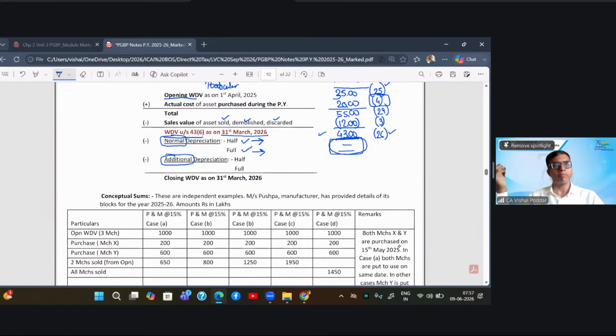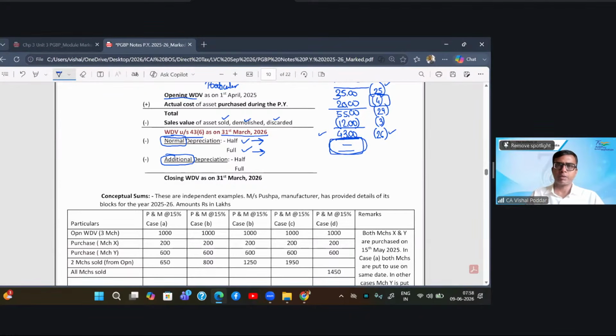So in your comprehensive sum where you have to compute the entire PGBP income, this amount generally is given as an adjustment. Out of 20 sums, one of the comprehensive sums will require you to compute this amount. If you remember in our previous class also, question number 6 or 7 which we solved had this calculation.